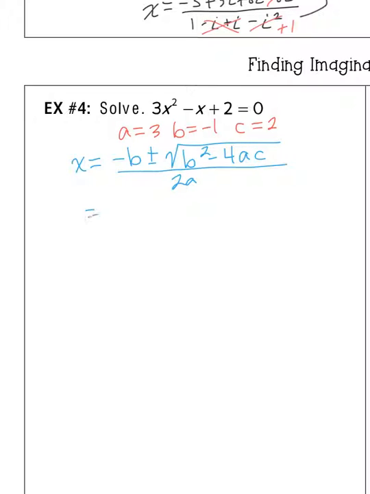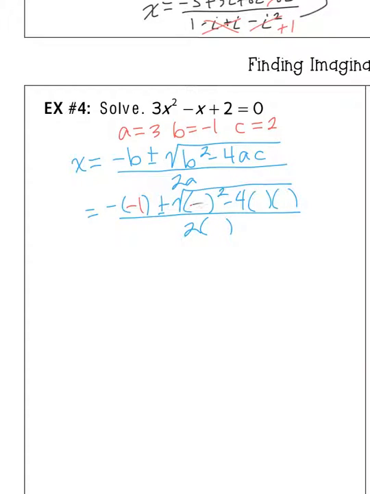And so that's what I'm going to sub in for. So b is -1 and it goes here and here. a is 3 and it goes here and here, and c is 2. So you're just crunching numbers at this point.